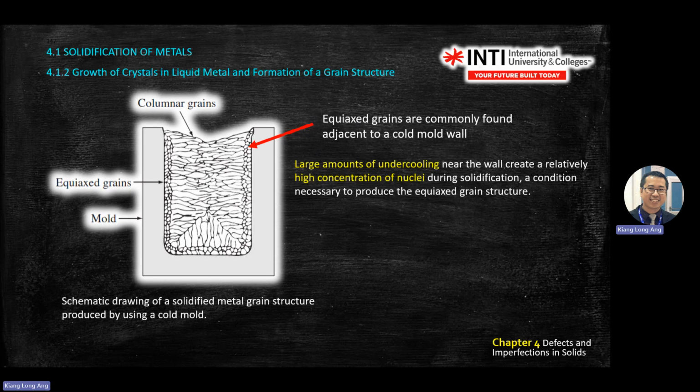Okay. So how does the equiaxed grain form? They create a high concentration of nuclei during solidification, a condition necessary to produce this equiaxed grain. Okay. So this one is because of the uniform temperature.